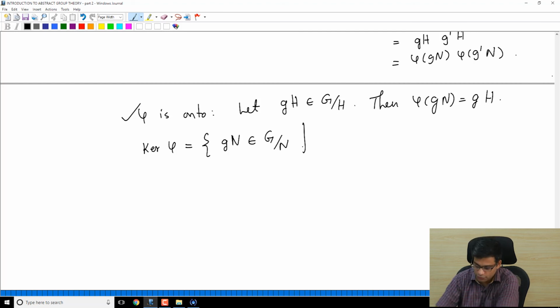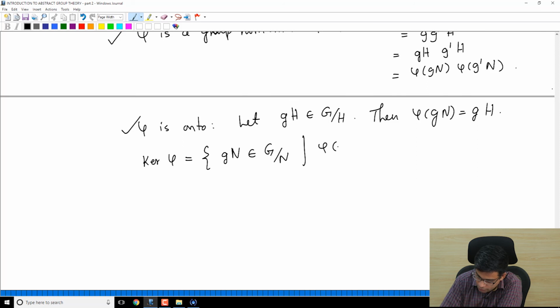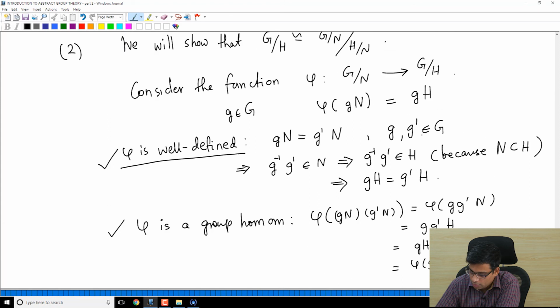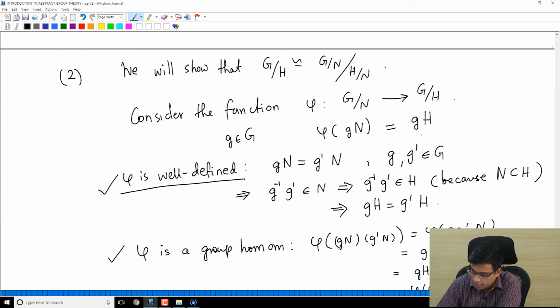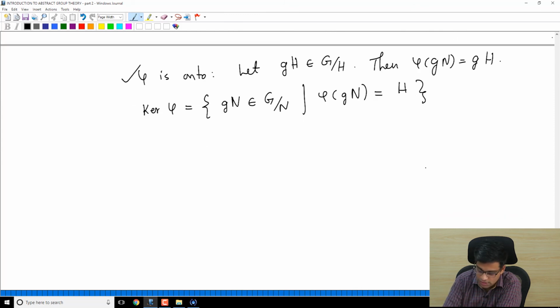So all elements of G/N such that φ(gN) is equal to the identity coset, right? The identity element of G/H is H. So this is equal to that.